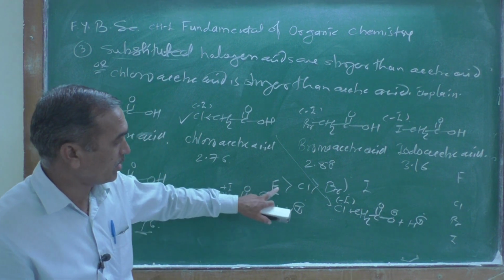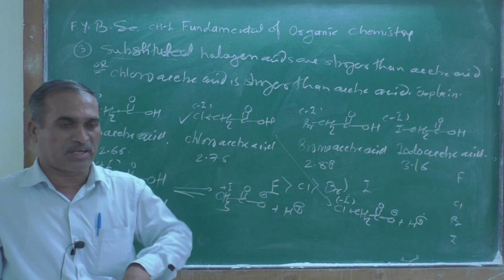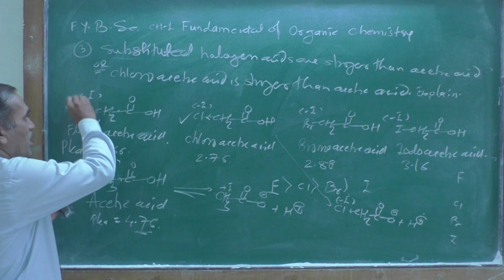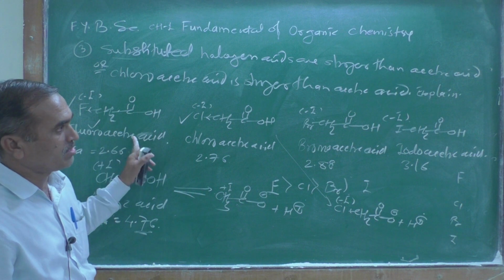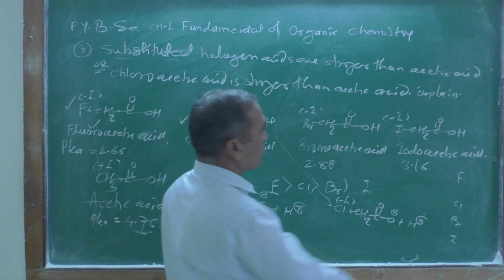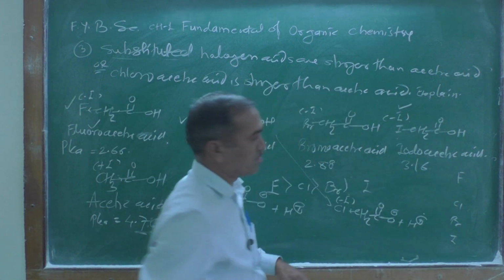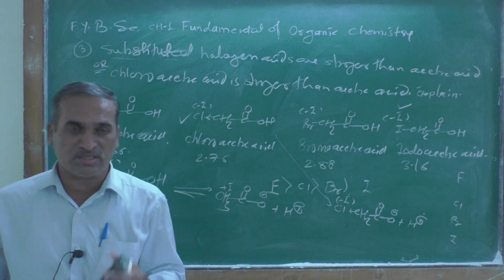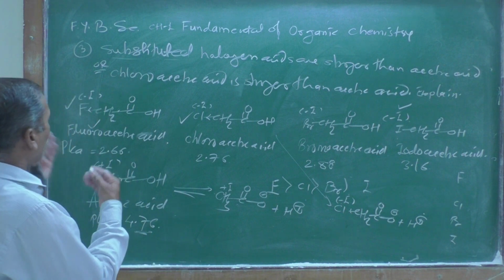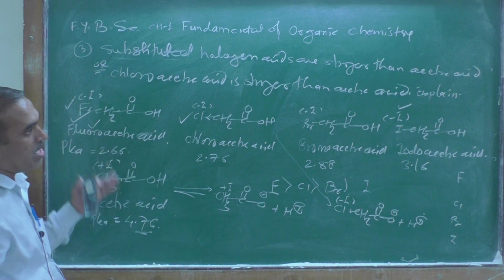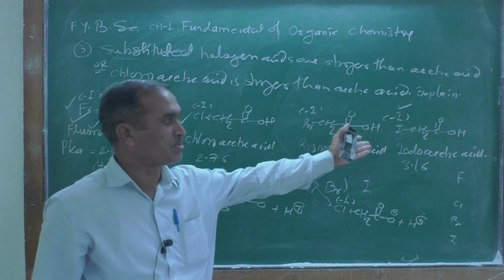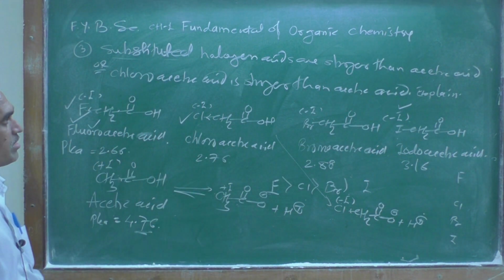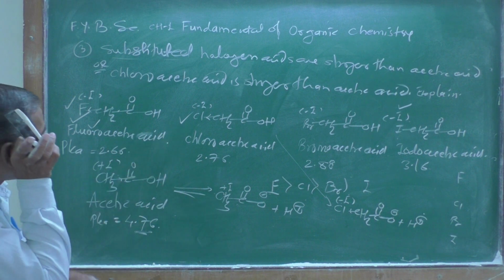If the electronegativity of the fluorine atom is greater, the magnitude of the minus I inductive effect is the highest in fluoroacetic acid, whereas the magnitude of the minus I inductive effect is least in iodoacetic acid, and therefore fluoroacetic acid is the strongest acid among all these substituted acids. So this is the order of acidity of these compounds.